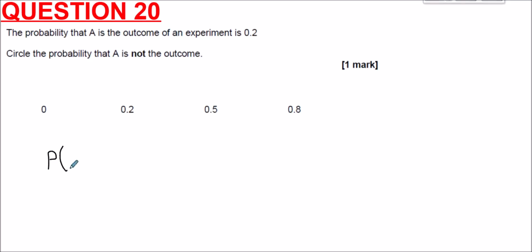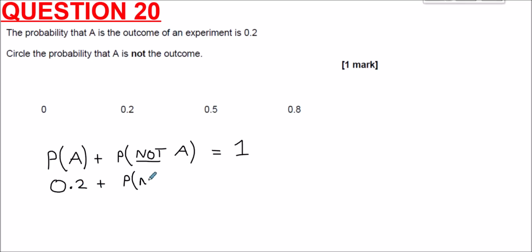And so the probability of it being A added to the probability that it's not going to be A, so that covers all possibilities, has got to add up to 1. So the probability of it being A, we're told, is 0.2. So the probability that it isn't A needs to be whatever number added to 0.2 would give 1.